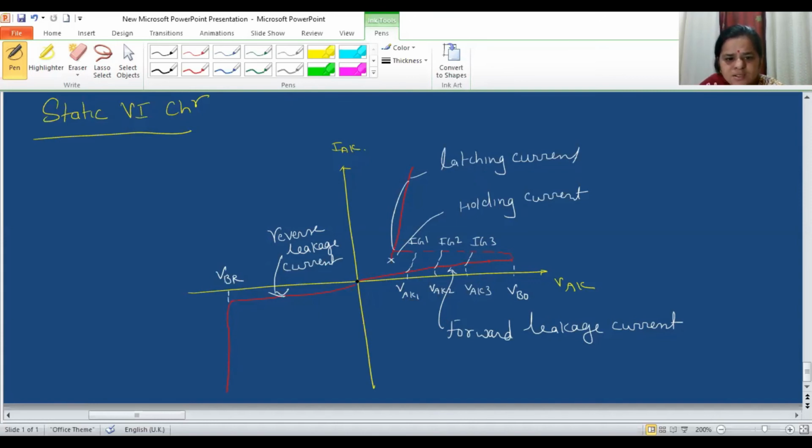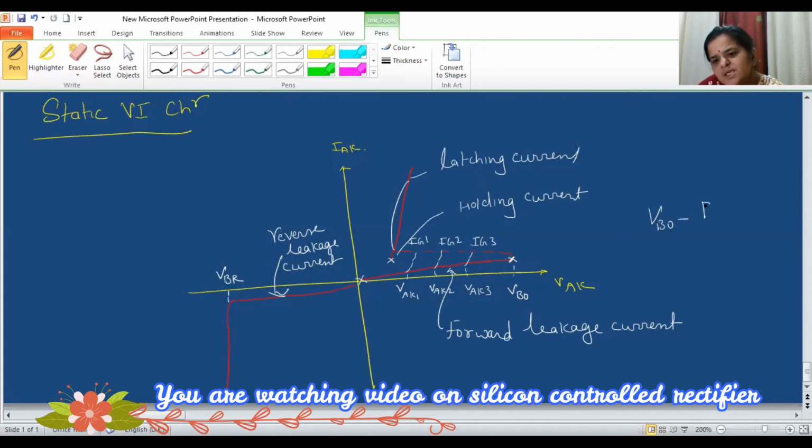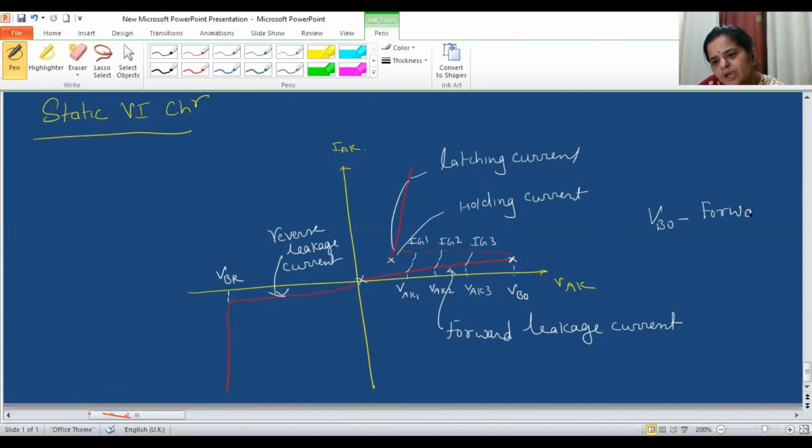Why? Because from this point to this point, the device is in forward blocking mode, and once the anode cathode voltage increases to the level of VBO. What is VBO? VBO is basically the forward breakover voltage.